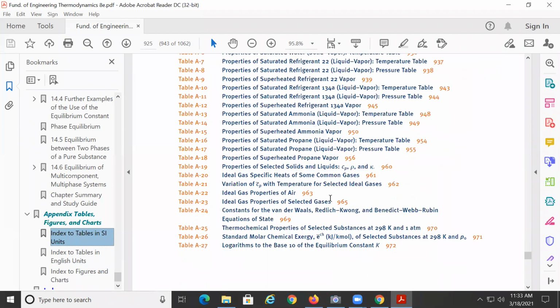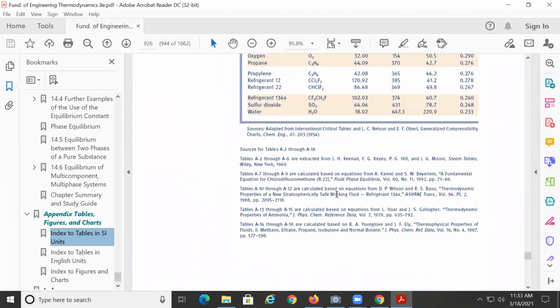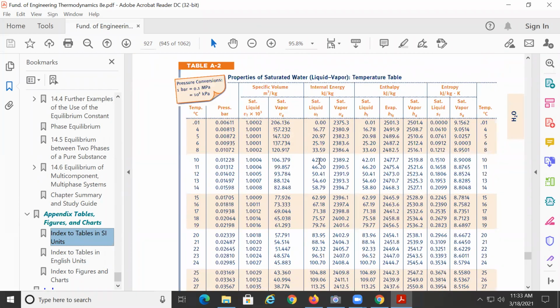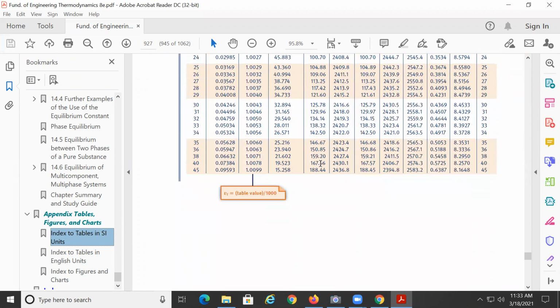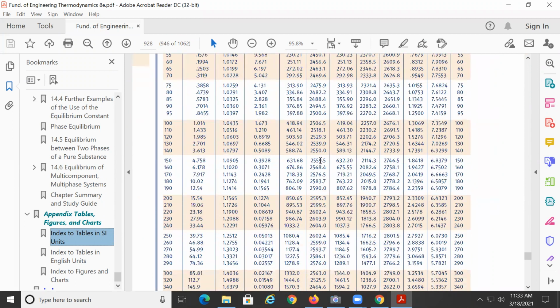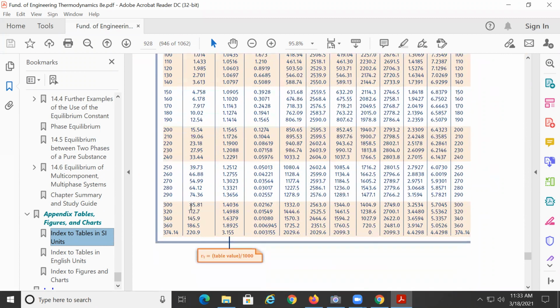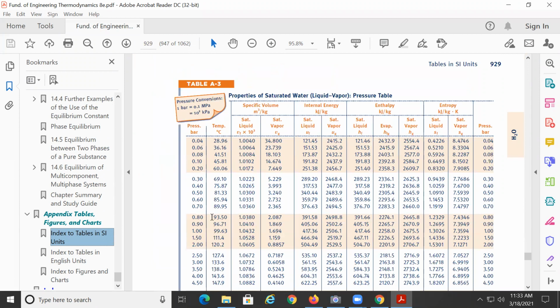Okay, so let's go to table A3. I like table A3 more, I guess. Okay, so over here, what is the temperature? Yeah, 400. We don't have 400 here, okay. So what is the pressure?